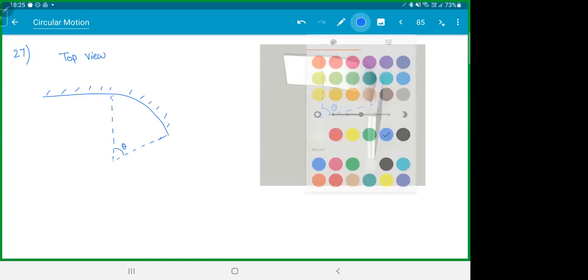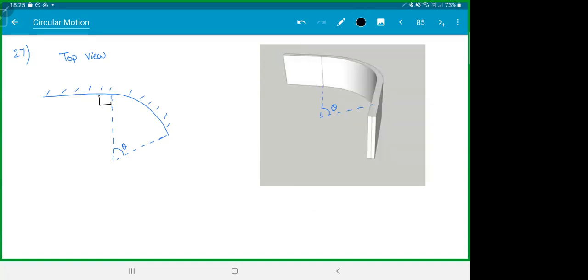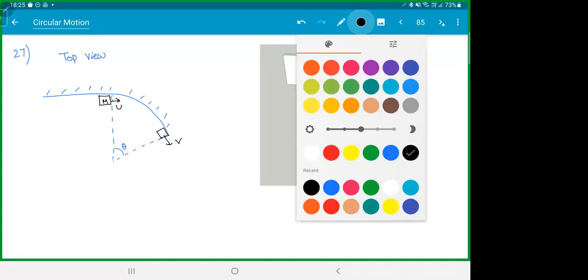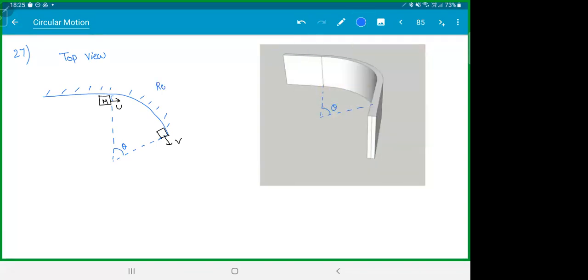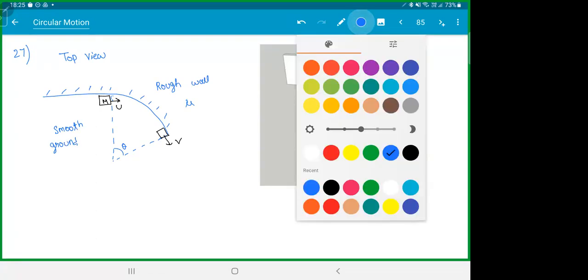So we have a block here which enters with speed u and leaves with speed v. So this is a rough wall. Friction is mu, the ground is smooth. I hope you're able to visualize how this is.